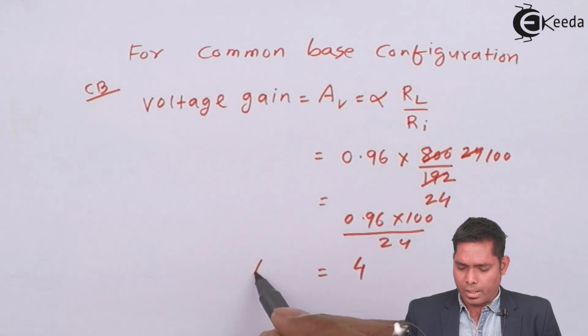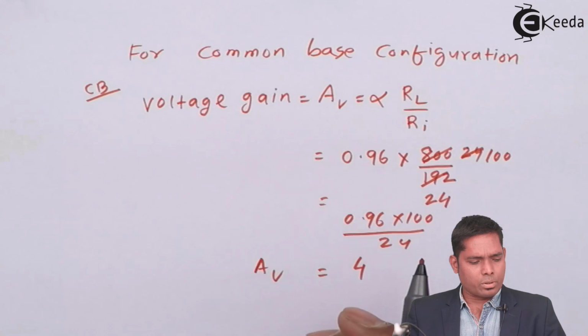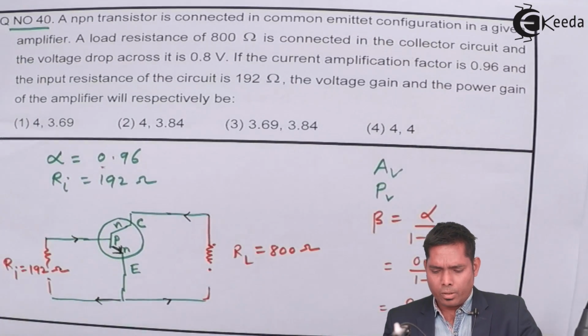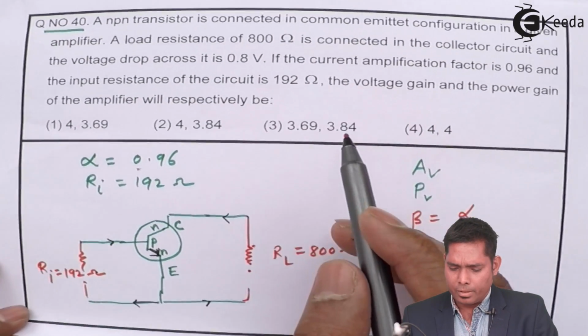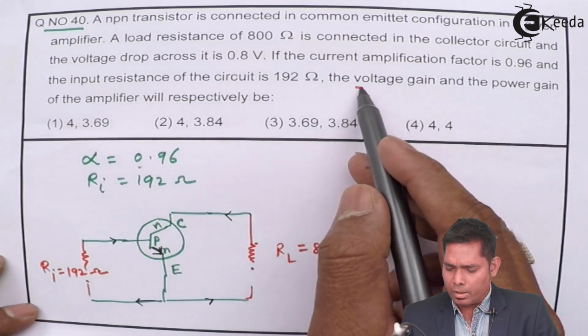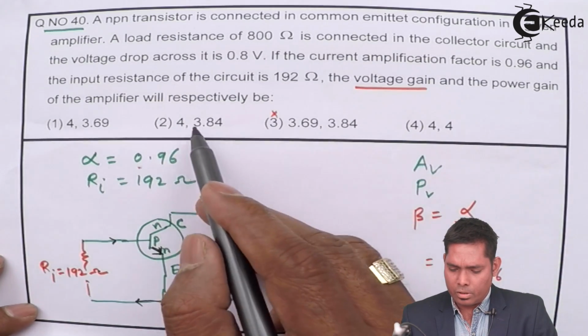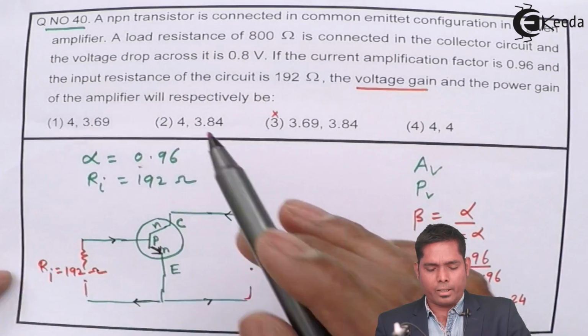So the voltage gain is 4. That means the question is about common emitter, but the answer is for the common base. This voltage gain is 4, and 4 is in all options, so this alone is not enough. We have to find the power gain to choose among the options.